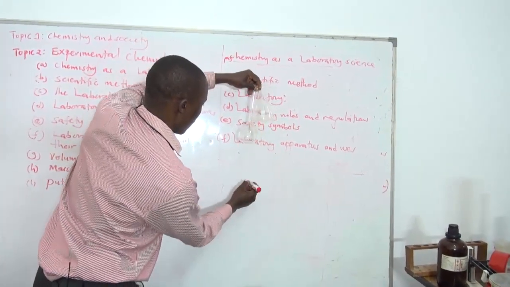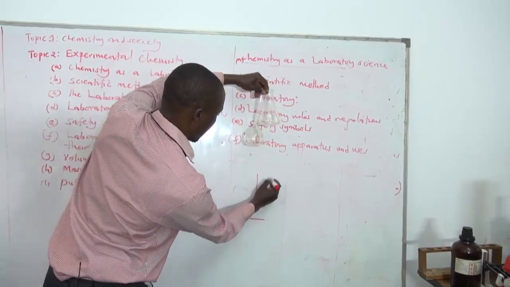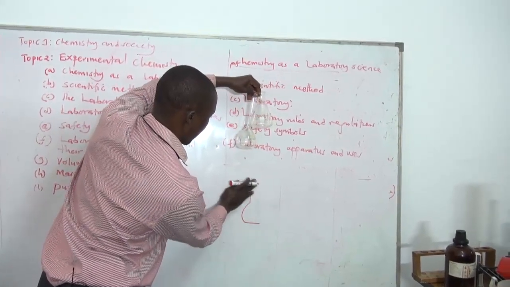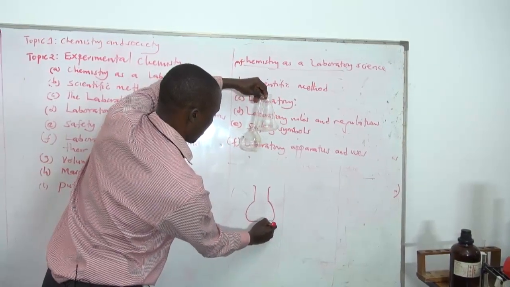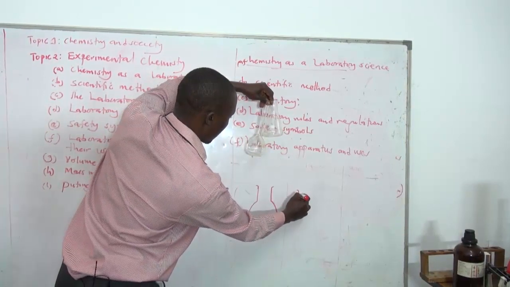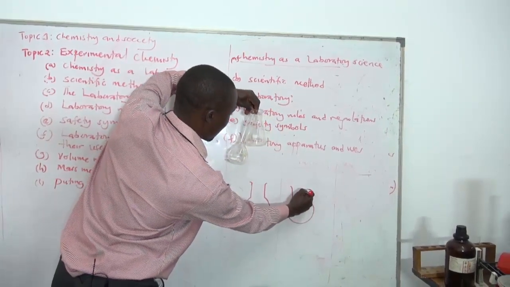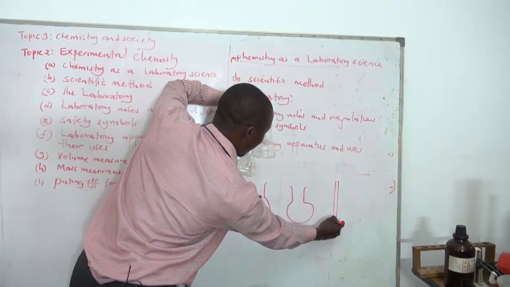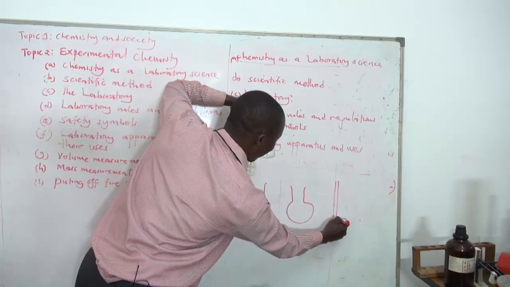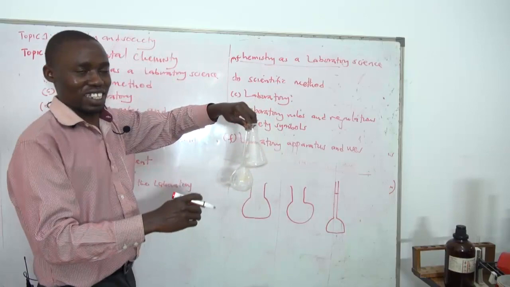You see, we have a flask like this. It's unfortunate I didn't bring it. Then we have another one like this. Then we have this one with a long neck, and this one with a long neck has a label here.